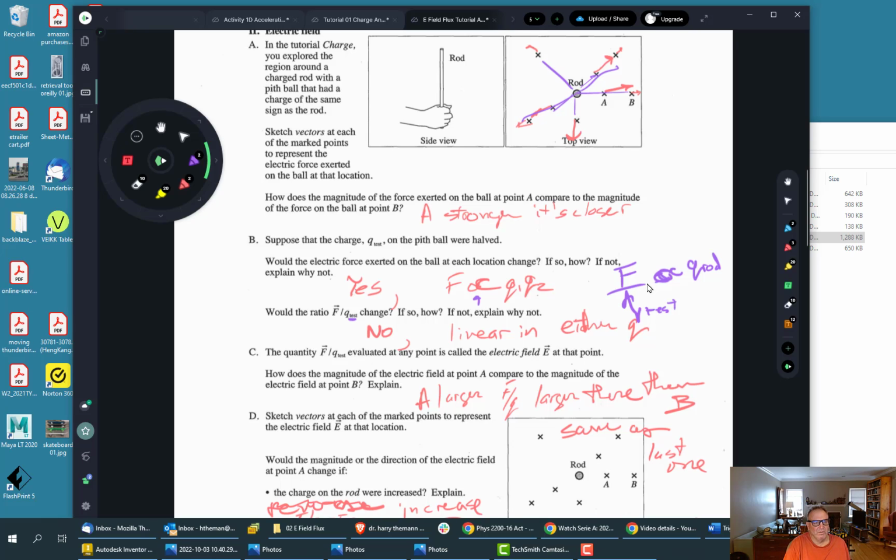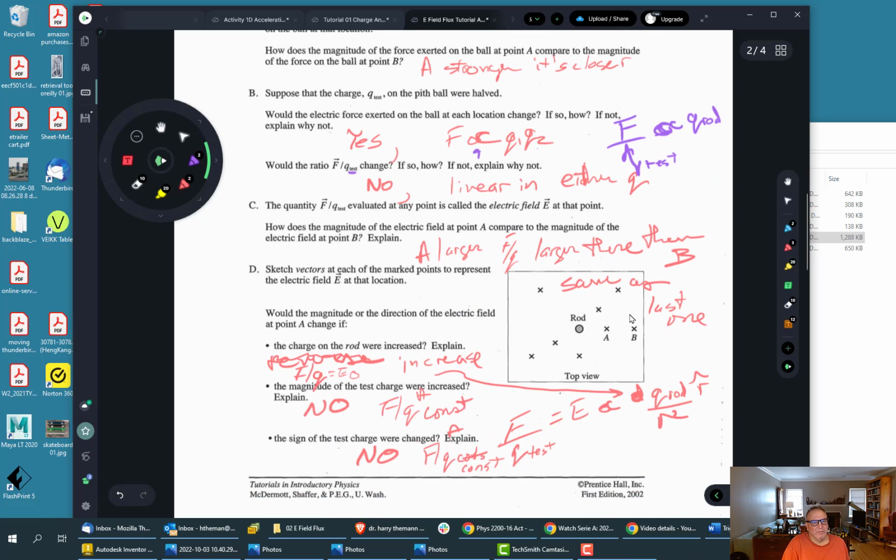Right, so with the force change, yes, because if I keep Q2 constant and I change the pith ball, then of course the F will change. Would the ratio change? No, because it's linear in either Q, and I'm only changing one of them, not the other. F over Q is the electric field, force per unit charge.